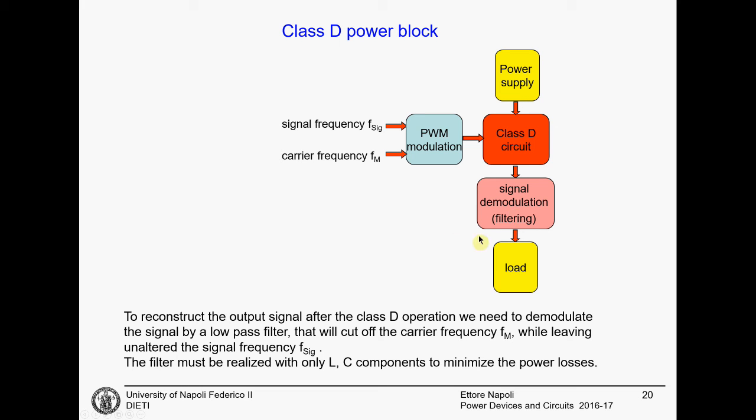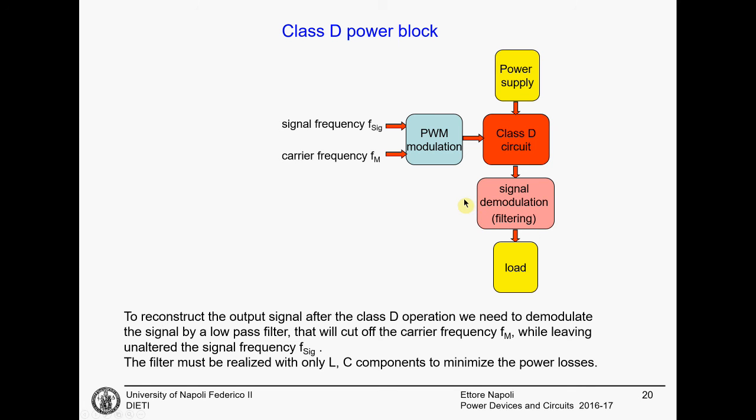It is clear that this modulation signal block will have to let the input signal pass unaltered, the frequencies up to the input signal frequency, and remove the carrier frequency, the modulation frequency. The filter can be done in various ways.